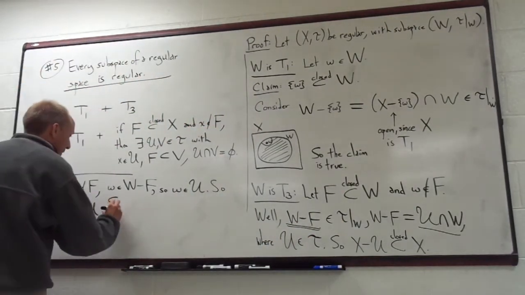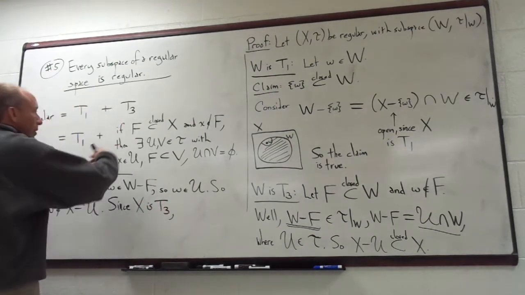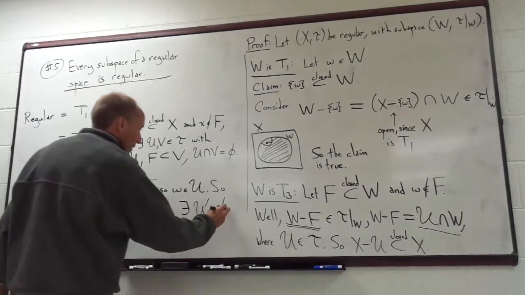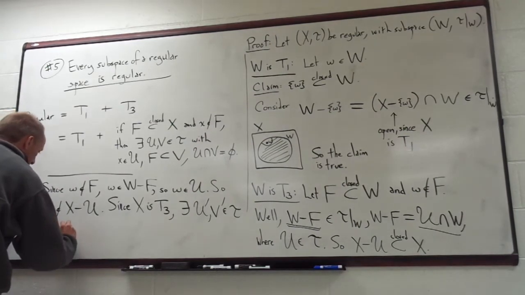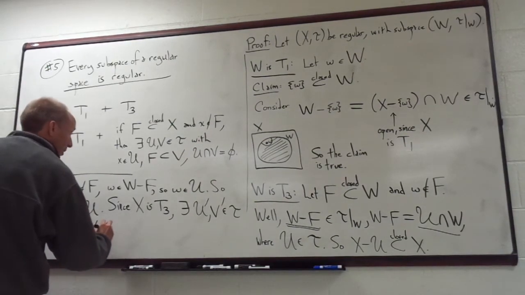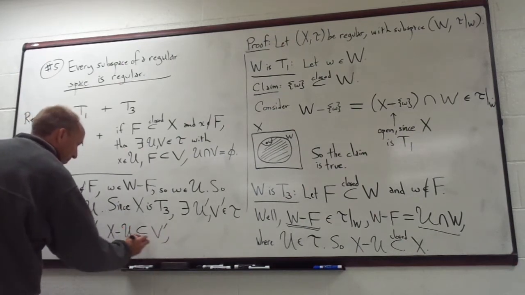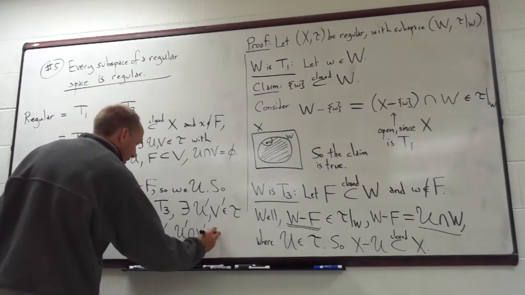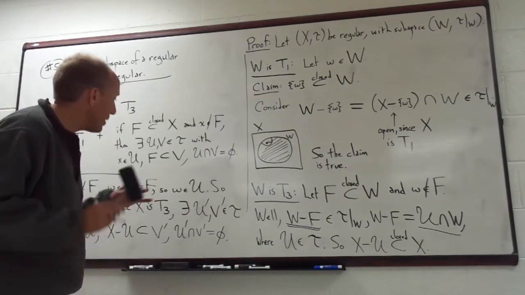Okay, so then, since X is T3, there exist, I'm going to call them U prime and V prime in tau, with w an element of U prime, X minus U contained in V prime, and U prime intersect V prime empty. This is what we get from the knowledge that X was T3.